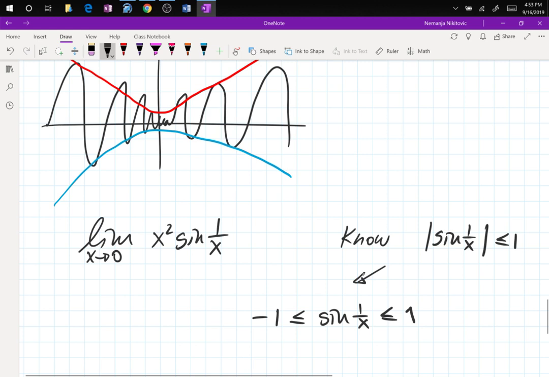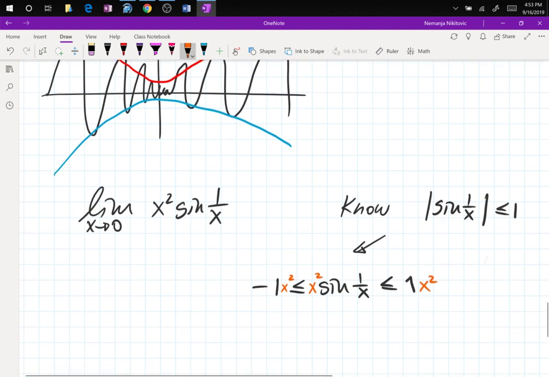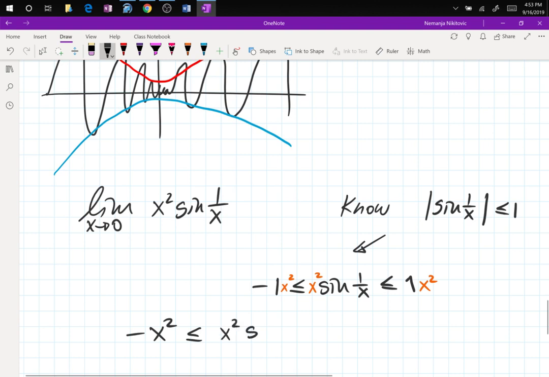And then when you compare this with the original function, you see that x squared is missing. So you multiply this 3-sided inequality by x squared everywhere, on all 3 sides. And from there, you get negative x squared is less than or equal to x squared sine of 1 over x, which is less than or equal to x squared.